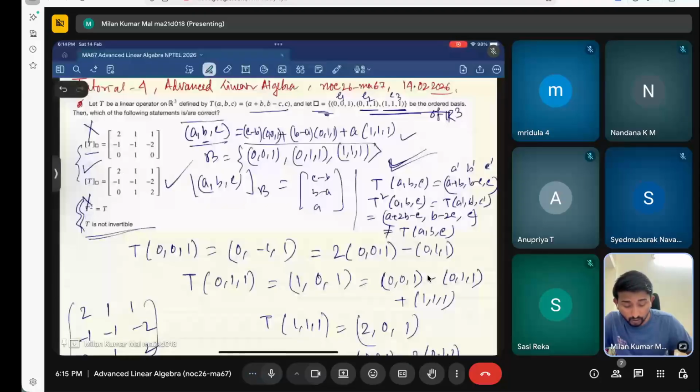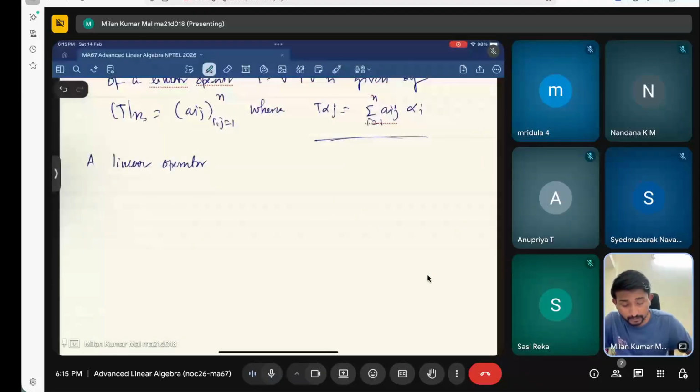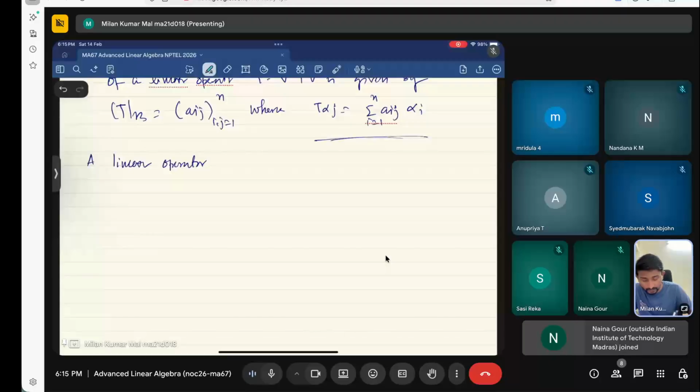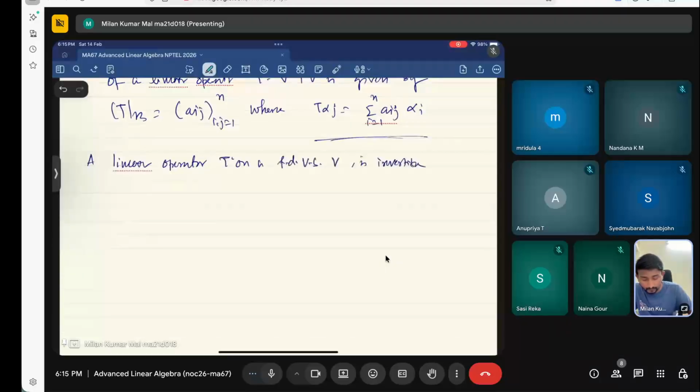A linear operator T on a finite dimensional vector space V is invertible if and only if the matrix corresponding to T with respect to any ordered basis is invertible.